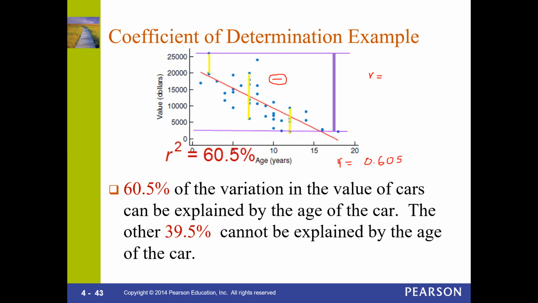How much does it give you? The square root of 0.605. That means this is going to be negative, let's put 0.367, something like that.